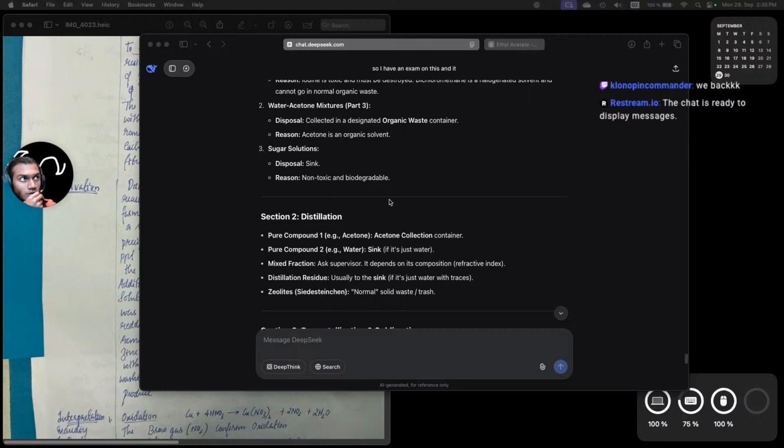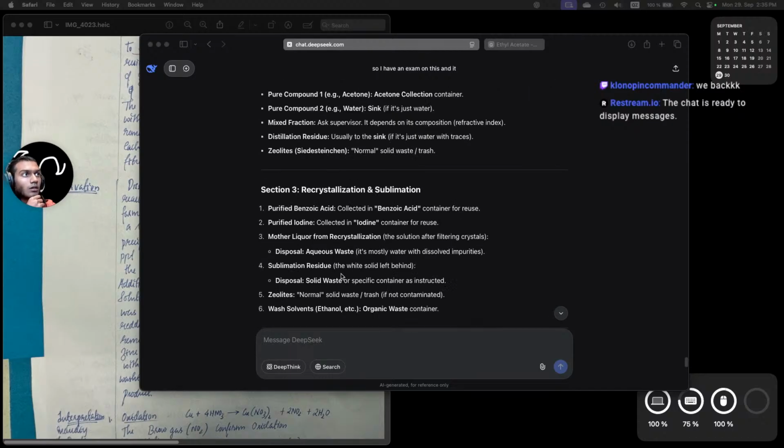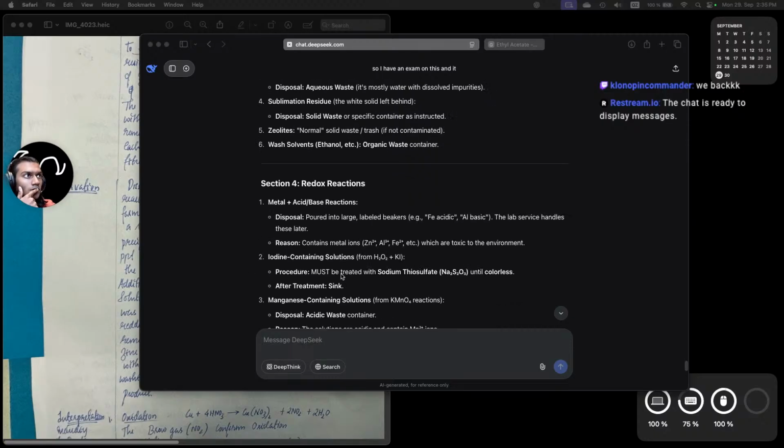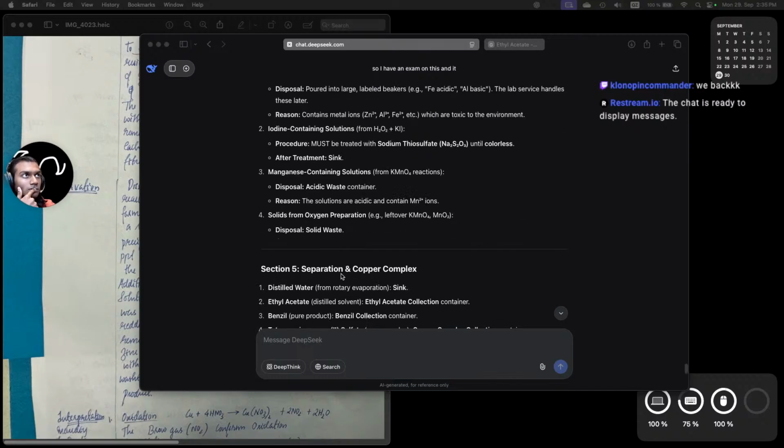Pure compound 1, acetone collection container. Purified benzoic acid. Iodine, sodium thiosulfate.